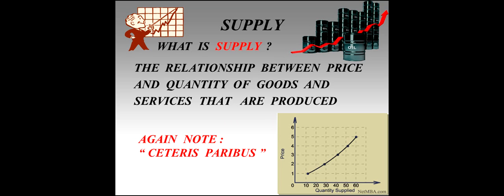But here we have the opposite. It's illustrated by your supply curve, if you will: the higher the price that can be obtained for a good or service, producers will supply more to a market. The lower the price that they can get for a product, they lose interest, if you will, and supply less to a market.